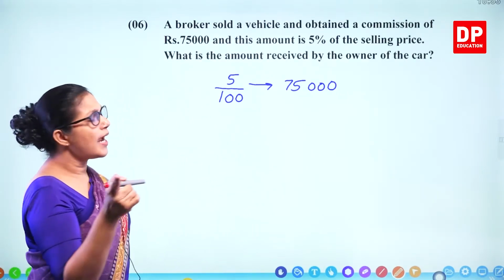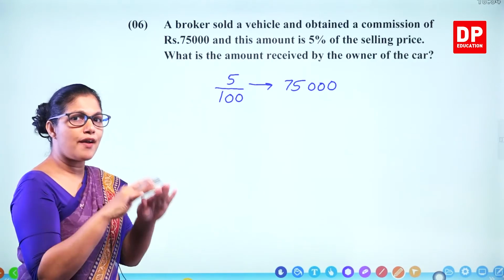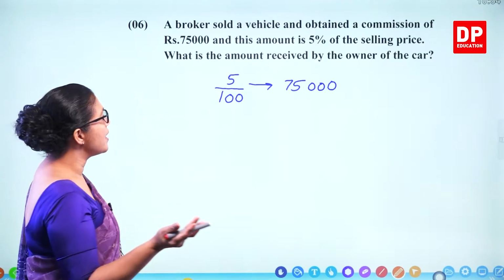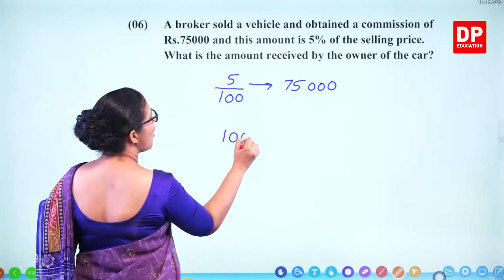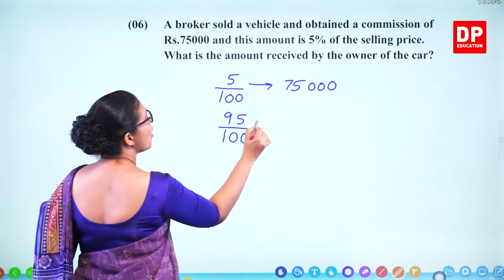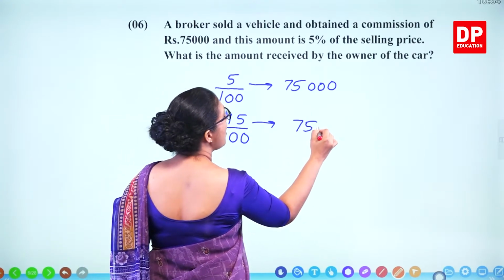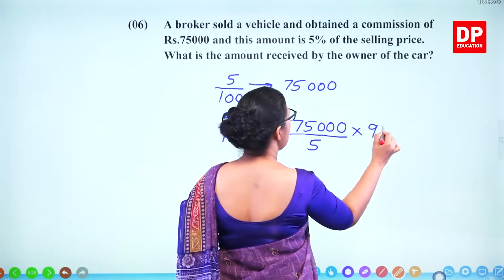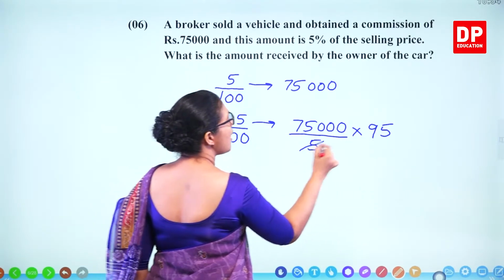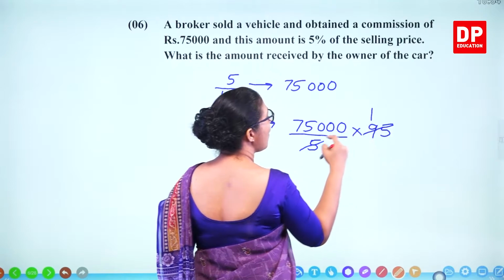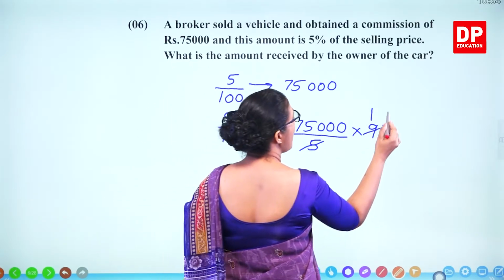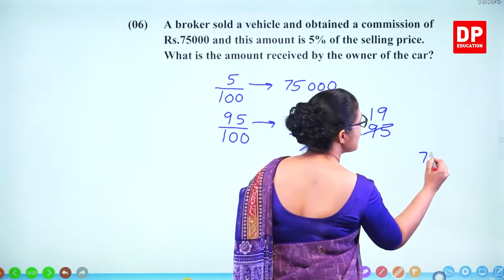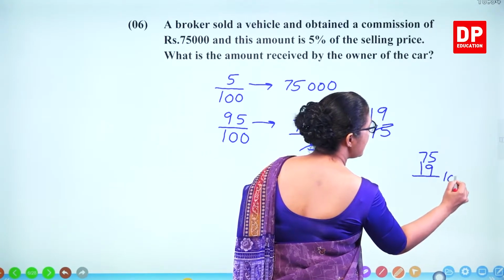But the owner gets 95, because of 100, 5 for the broker and 95 for the owner. So you need to find out 95 parts. How do you do it? You divide by 5 and multiply by 95.